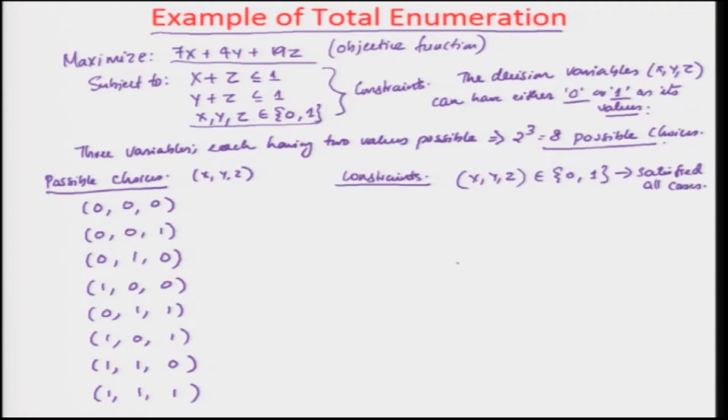Then the other constraint, let us call this constraint 1 and let us call this constraint 2, right. So, x plus z less than or equal to 1, is it satisfied in all cases?